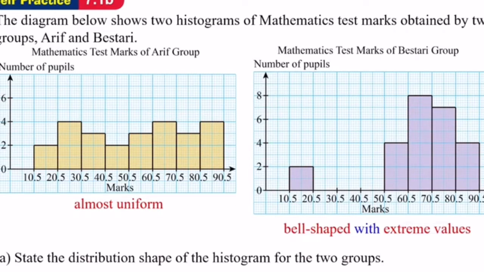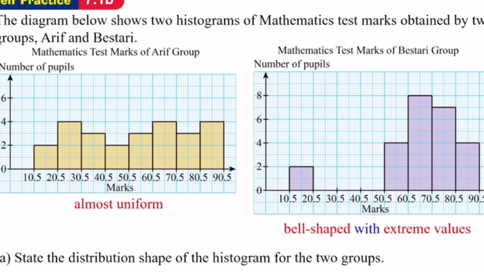And we have one special case whereby 2 students score very low marks. That's called extreme values. Overall it looks like a bell shape, but we can see there is an extreme value. So we will say this is a bell shape with extreme values.